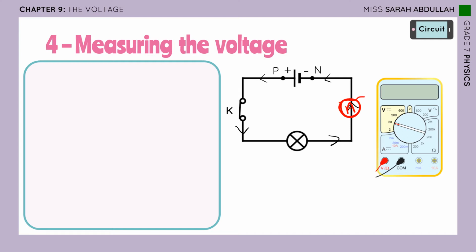And that's it. We can then measure the current flowing through the circuit. But now I'm talking about the voltage. The voltage is different. It is the voltage across an electrical component. And I could be finding the voltage across the lamp.